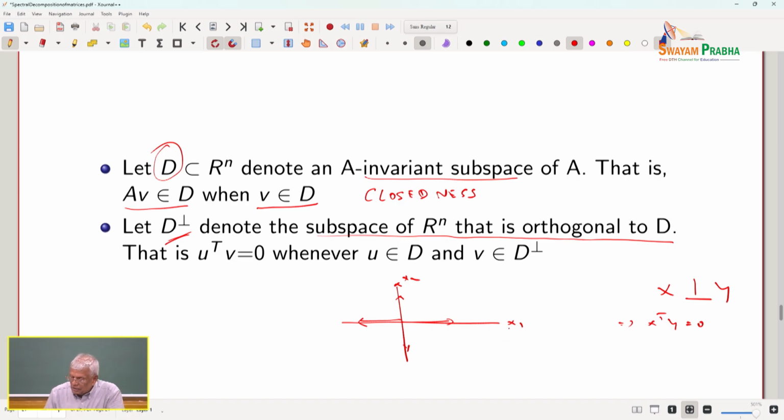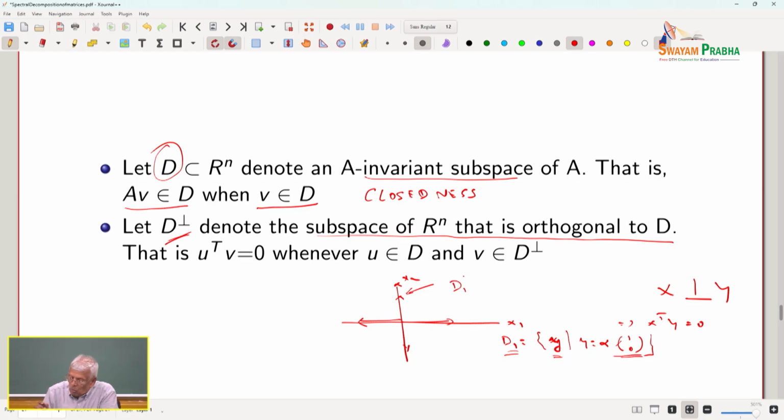So, say D1 is the set of all vectors y such that y is equal to alpha times the vector (1, 0). The vector (1, 0) means the y component is 0, so this is a vector that lies along the x1 axis. Any vector of the form y equals alpha times (1, 0) is in D1.